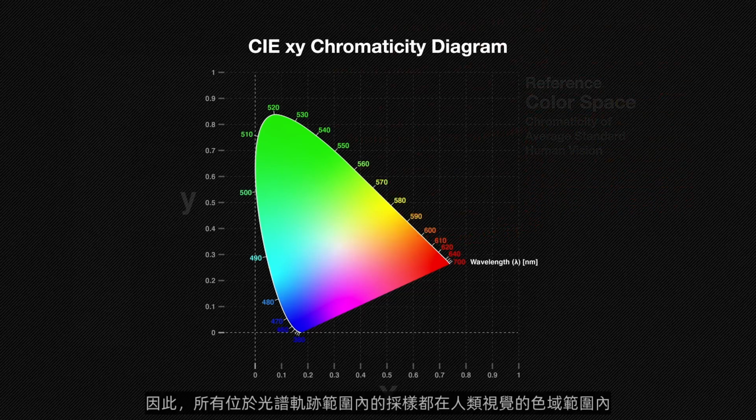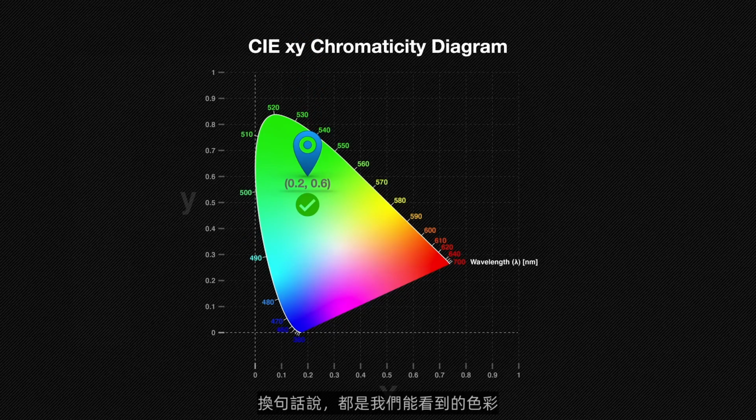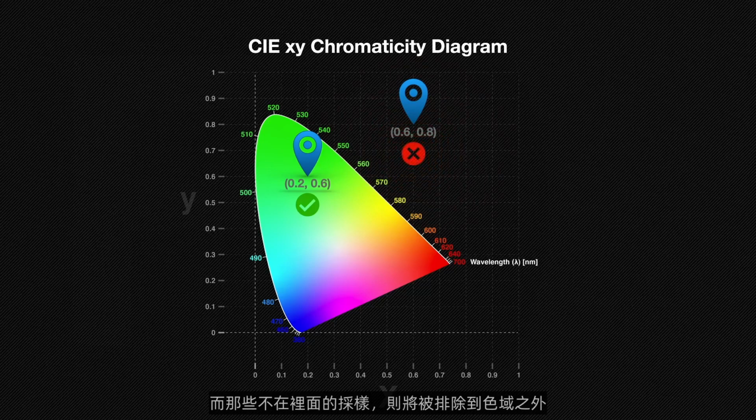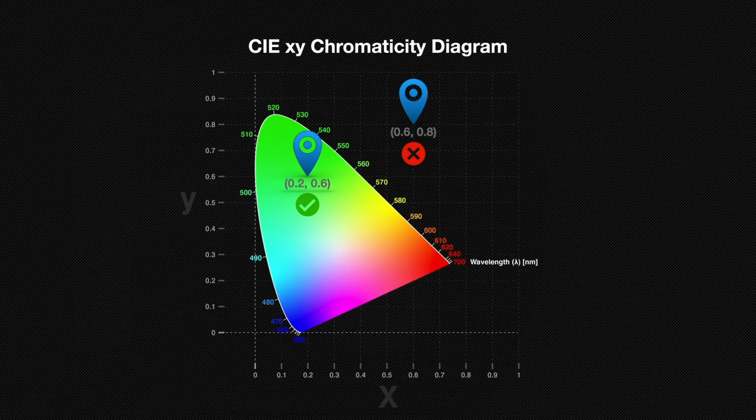So all samples that are located within the spectral locus will be within the color gamut of human vision. In other words, colors we can see. And those samples that are not inside will be out of the gamut. Still, those samples exist in a mathematical way. We just cannot see them.